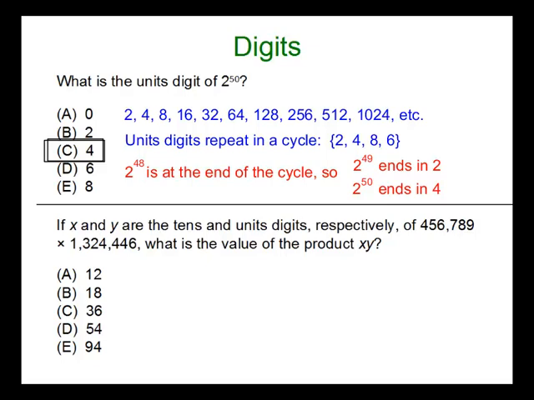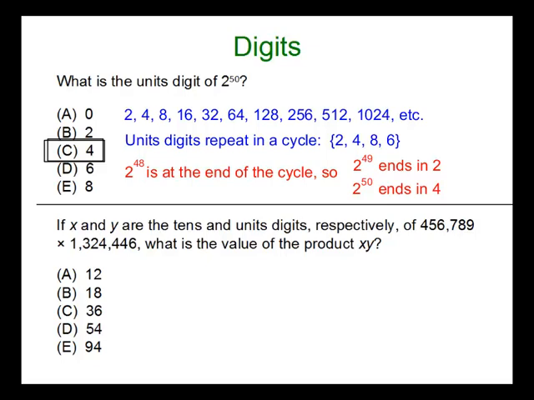All right, the next one is a little bit more complicated because it asks about both the tens and the units digit. And the units digit trick is that when you take a product of 2 numbers, the units digit of the result is only influenced by the units digit of the 2 numbers that you were multiplying.